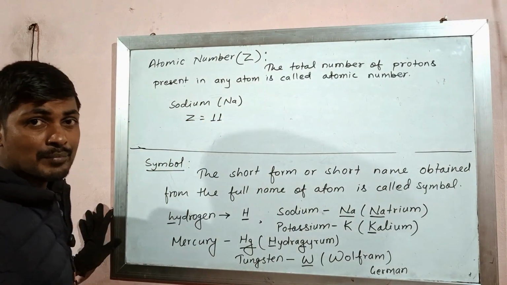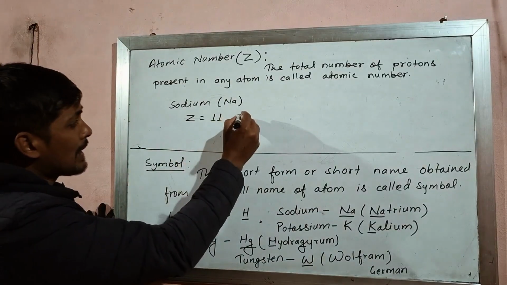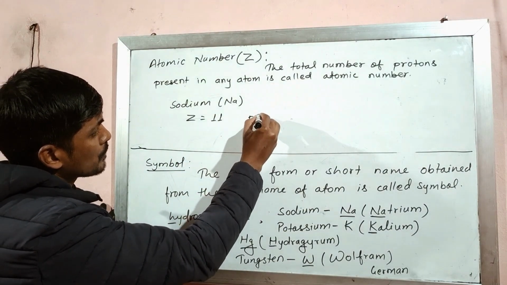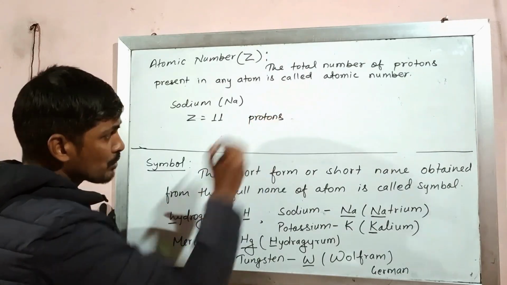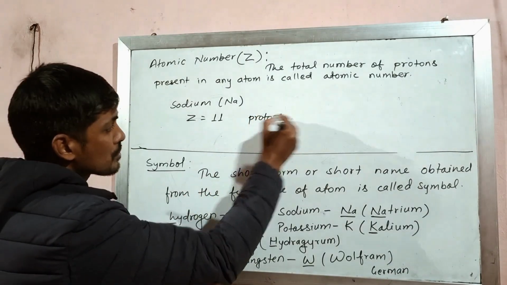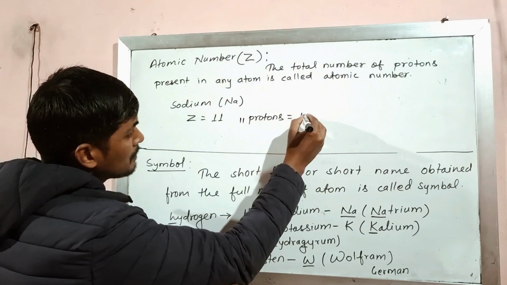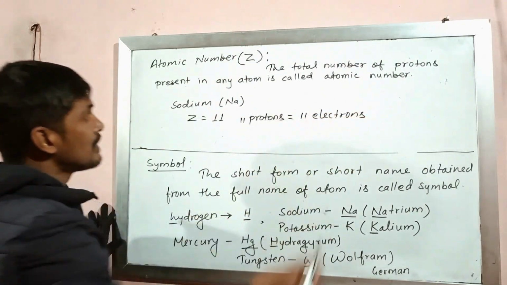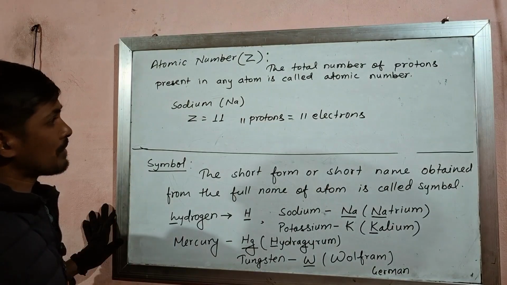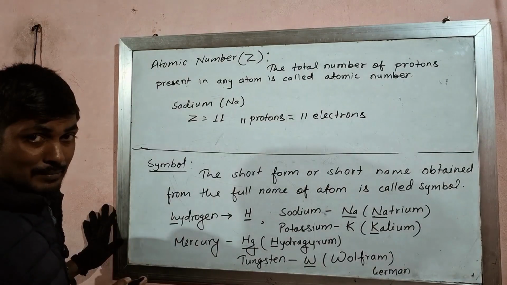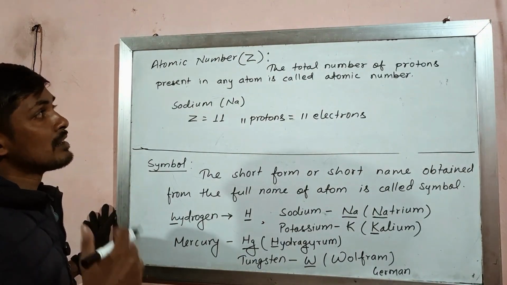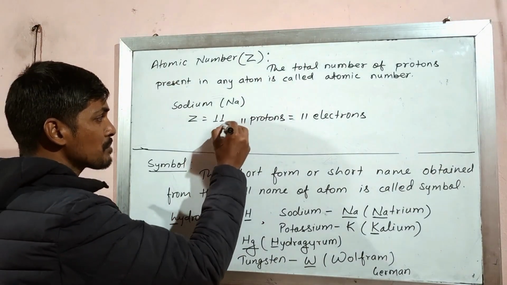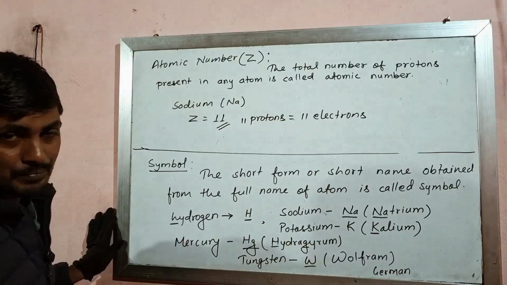What does it mean? It means sodium has 11 protons, and not only 11 protons, also 11 electrons. But we can't define atomic number as the number of electrons present in any atom. We always have to define atomic number as the number of protons present in any atom.